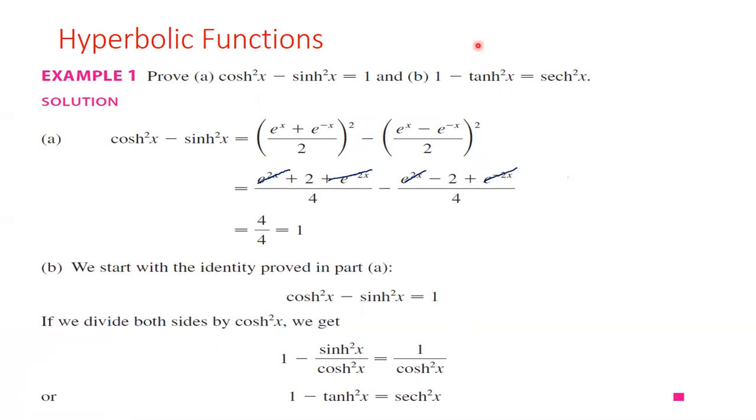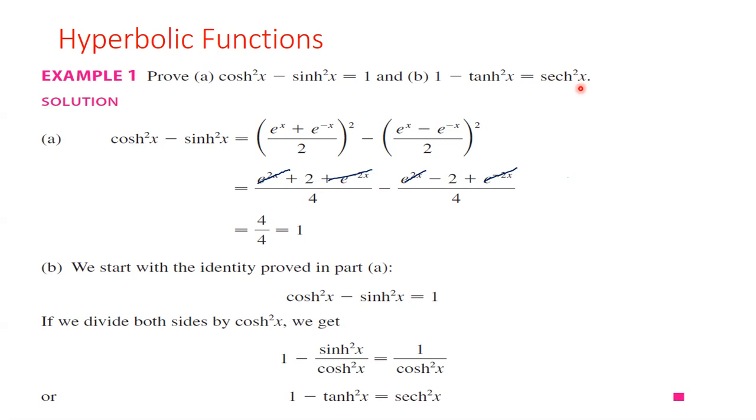So the second part, they said prove that 1 minus tanh squared x is equal to, and this one, guys, we do not know the exact name of it, but we call it the secant hyperbolic function. What we did was take whatever we proved in the first part, because we know that the secant function is related to cos.